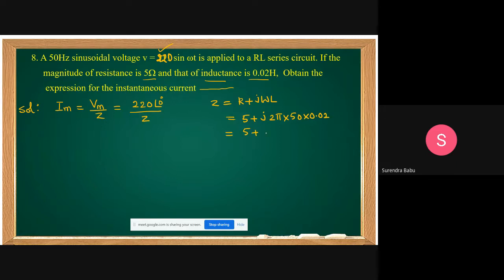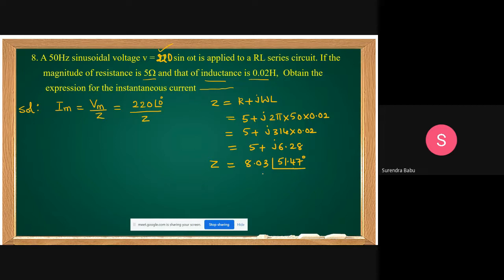This is 5 plus j times 2 pi into 50, which is 314, into 0.02. How much do you get? 6.28. Is it correct? 6.28. Then how much impedance can we get, students? Writing it in polar form, 8.03 at an angle of 51.47 degrees.